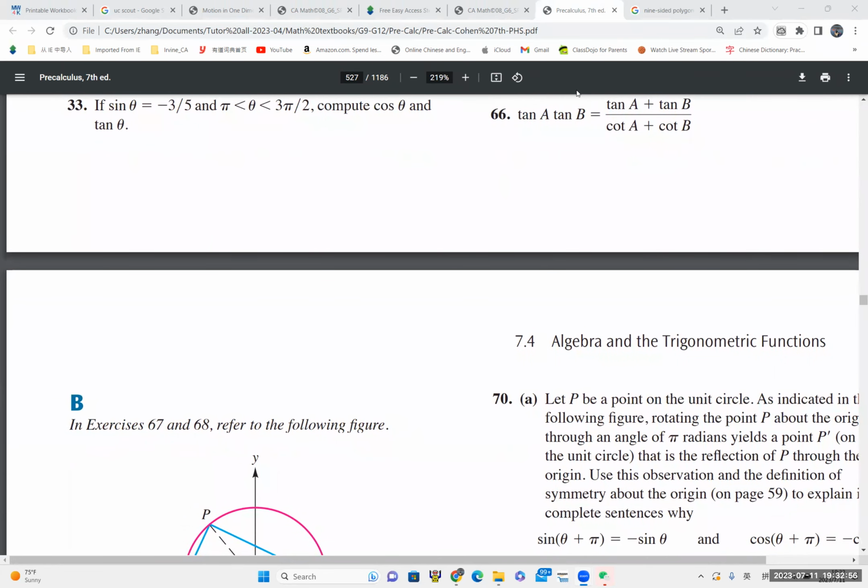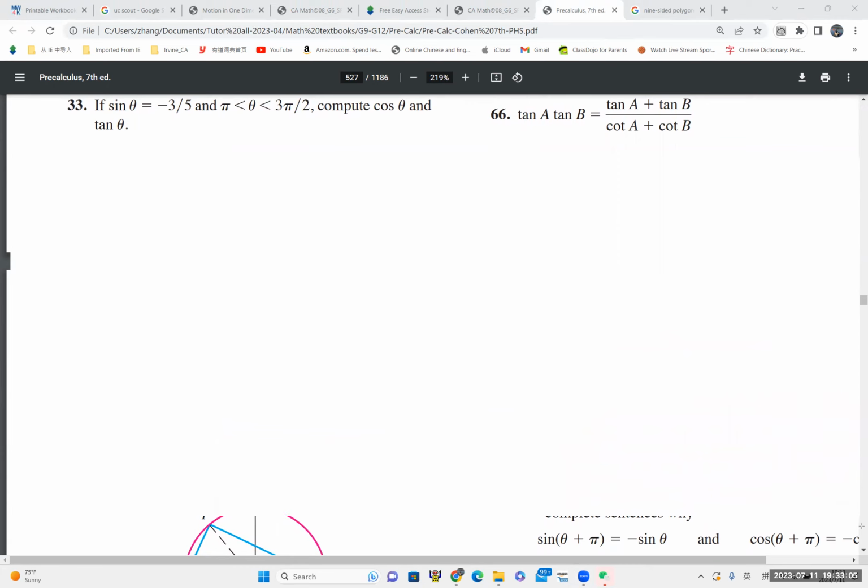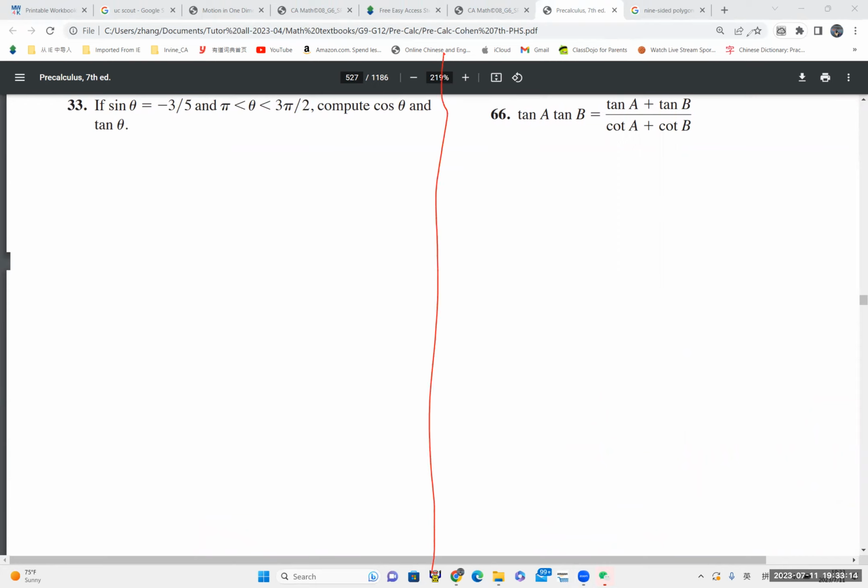Yeah, this time I change the order. So Neil do this.